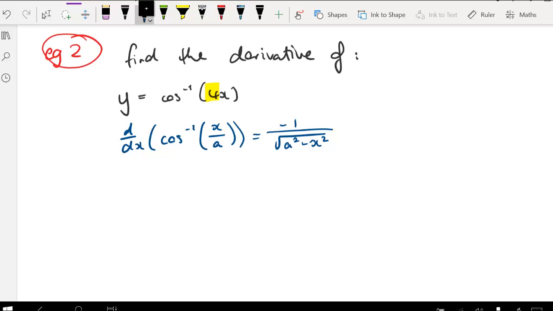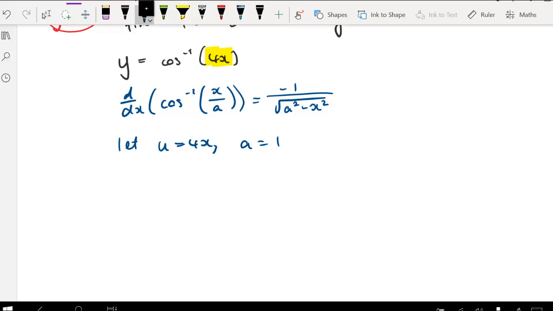So if we look at this scenario, we can see that it's going to be a chain rule. So that means we're going to let u equal 4x, and obviously a will have to be 1. And therefore, our y in terms of u will be arccos u on 1.